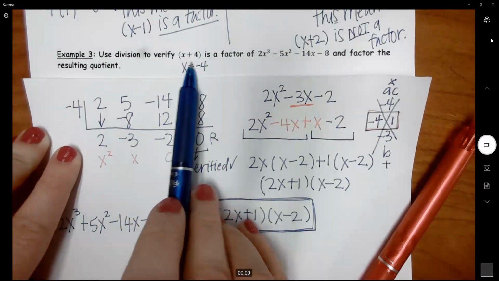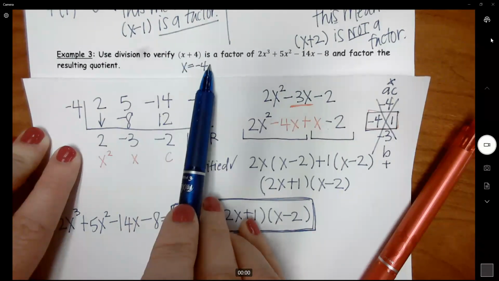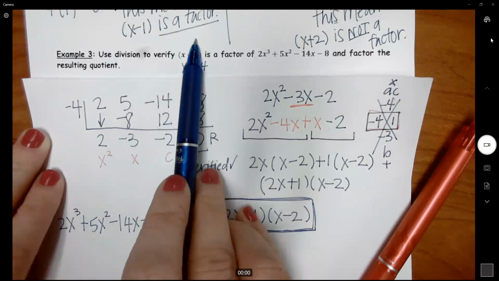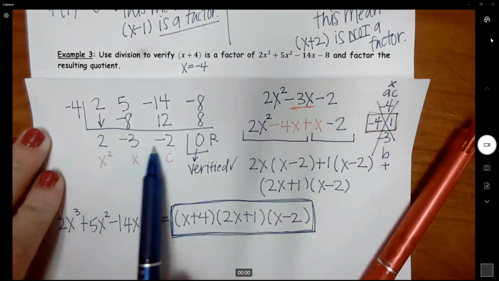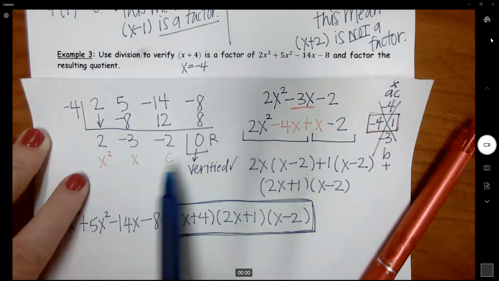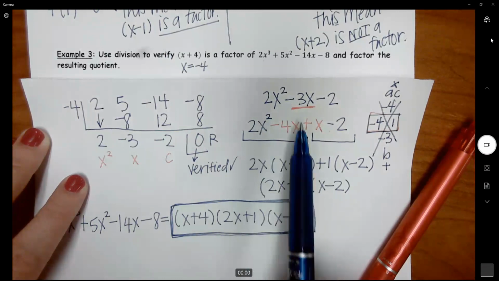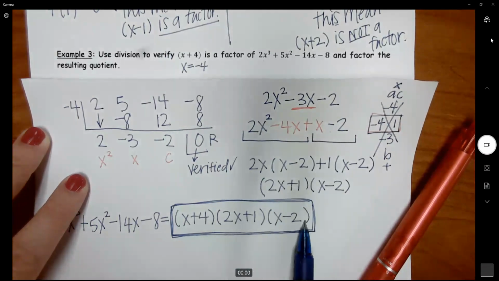So they told me one factor, right? They gave me x plus 4 was one factor. So I took this factor and I divided it out. What was left was a quadratic, and we know how to solve quadratics. We solve by factoring, quadratic formula, or square root property. And so I factored this out to get this.